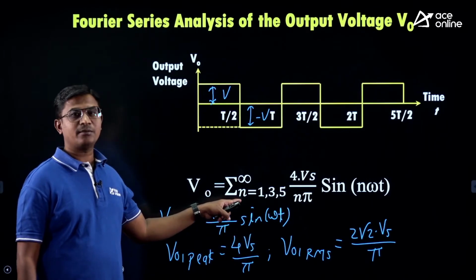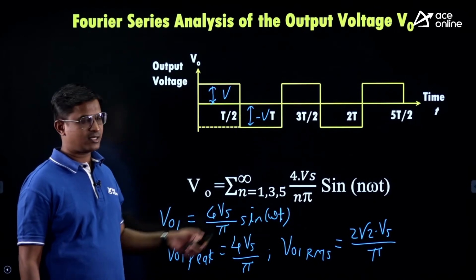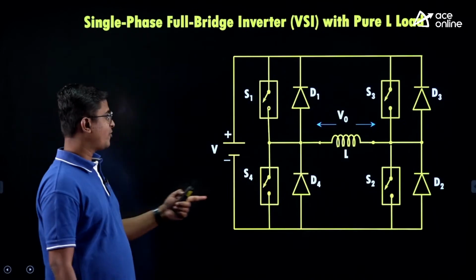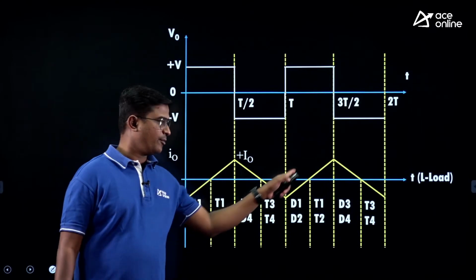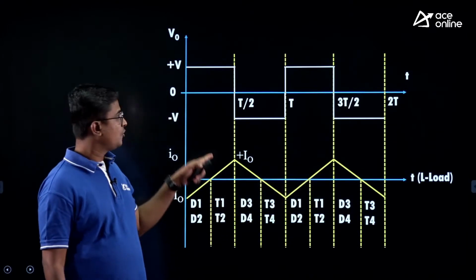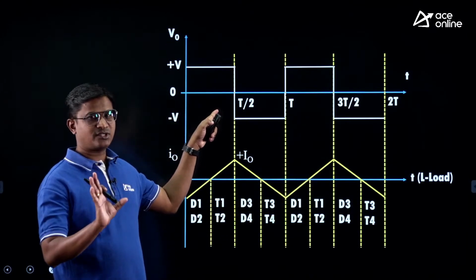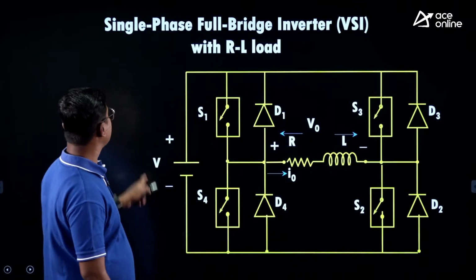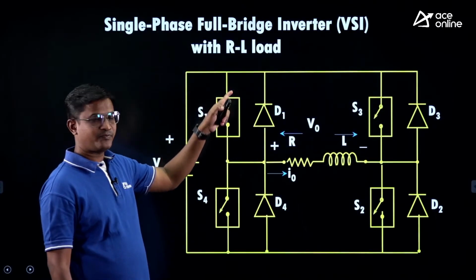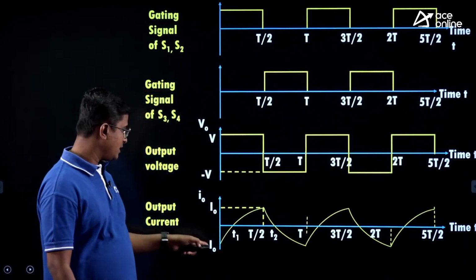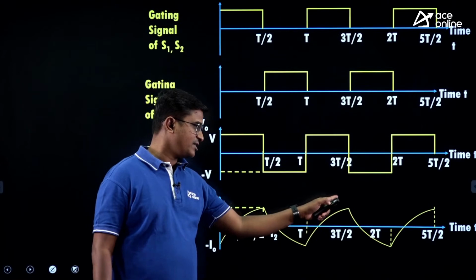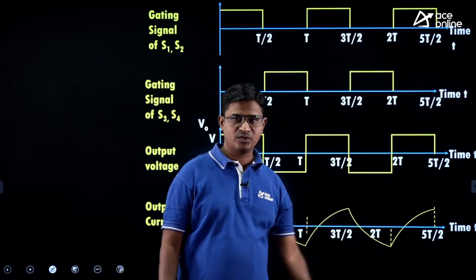Only odd harmonics are present. Next, similarly for inductive load, what is the change? The same triangular waveform will be obtained in the load current. The load voltage waveform will be the same, that is a square function only. Next, for full bridge inverter with RL load, load current is exponential rise, exponential fall, exponential rise, exponential fall type of waveform.